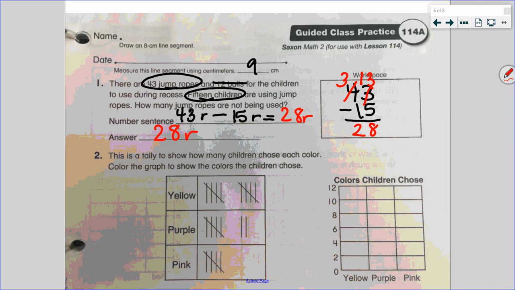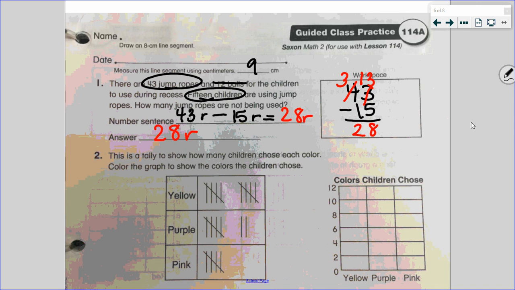Number 2. This is a tally chart to show how many children chose each color. We are going to color the graph, or you can use your pencil to shade in the graph to show the colors the children chose. Very good. And yesterday we learned a little bit about bar graphs, and we know they can go vertically or horizontally, but it looks like today we'll be going up.